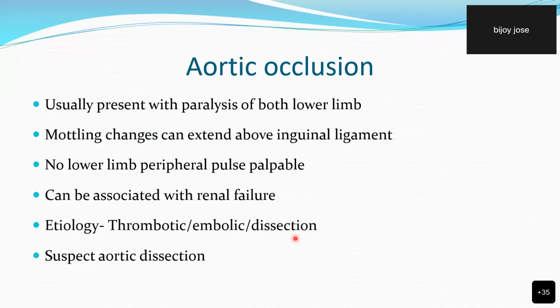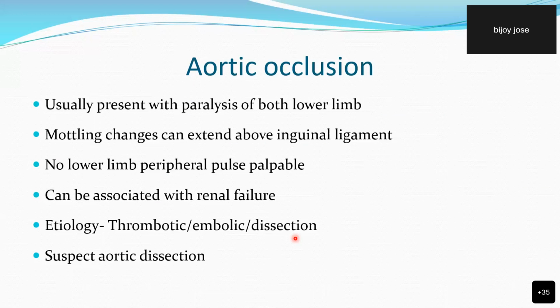No lower limb peripheral pulse is going to be palpable because it is occluded from the bifurcation itself, and it can be associated with renal failure. Sometimes the aortic occlusion extends up to the renal artery origin, so the patient can have associated renal failure. The etiology can be thrombotic, embolic, or dissection.